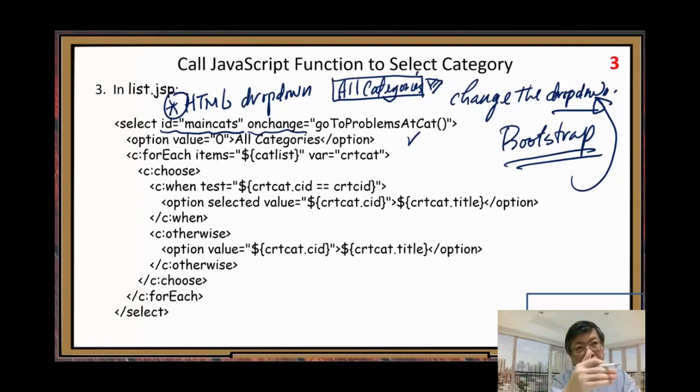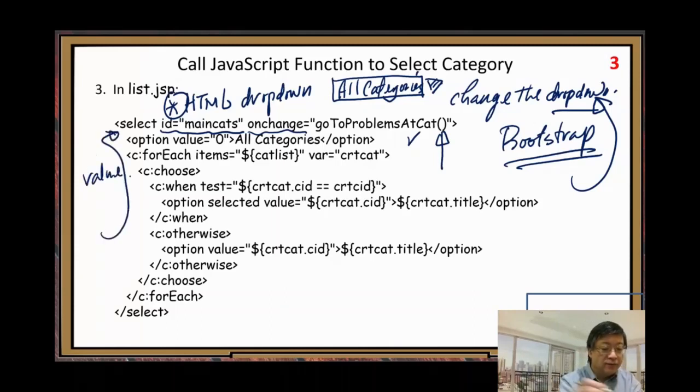So then this JavaScript function goes to problems at cat, selected category at cat, because we do not need to pass the value to it, right? The value comes from this element. So we can find its value using this ID. We have the ID, so we can find its value in our JavaScript function easily.